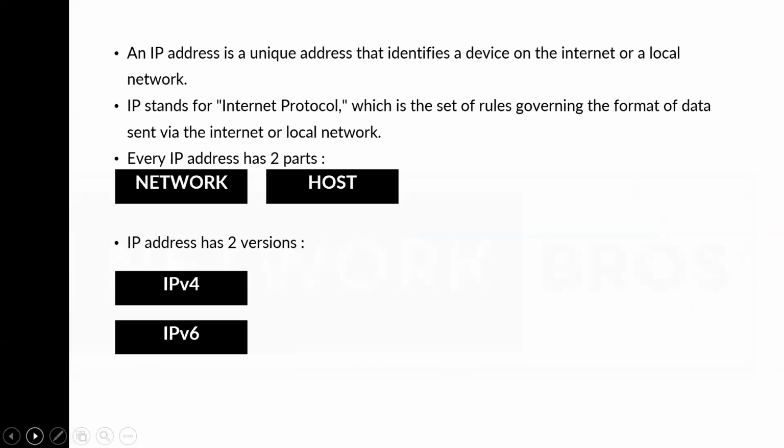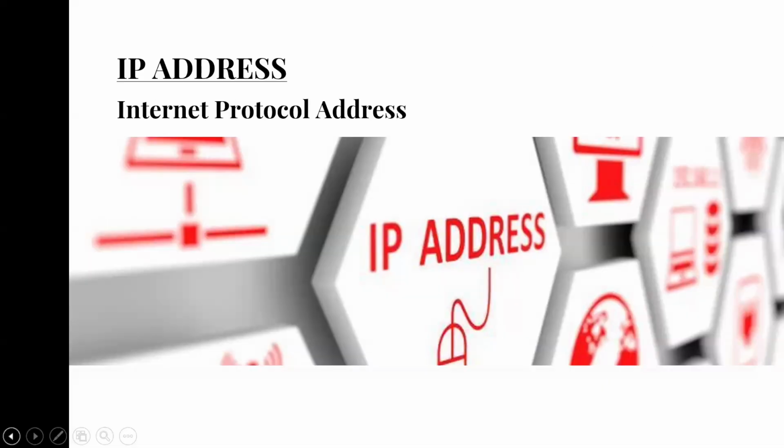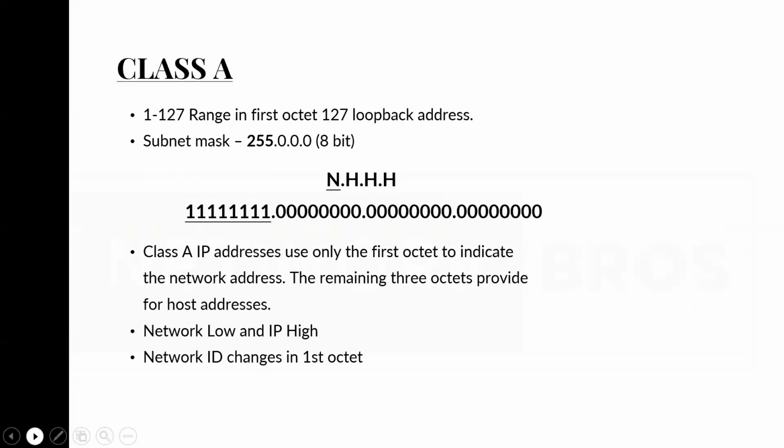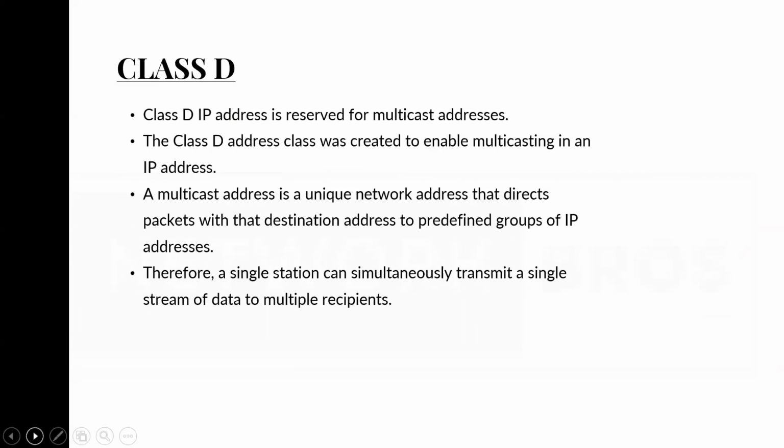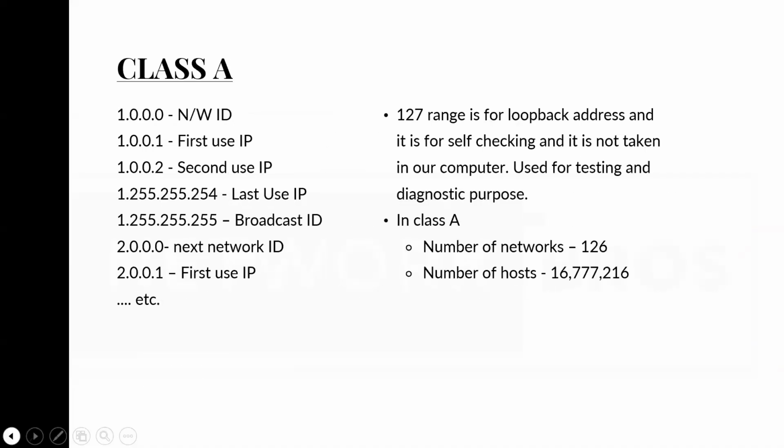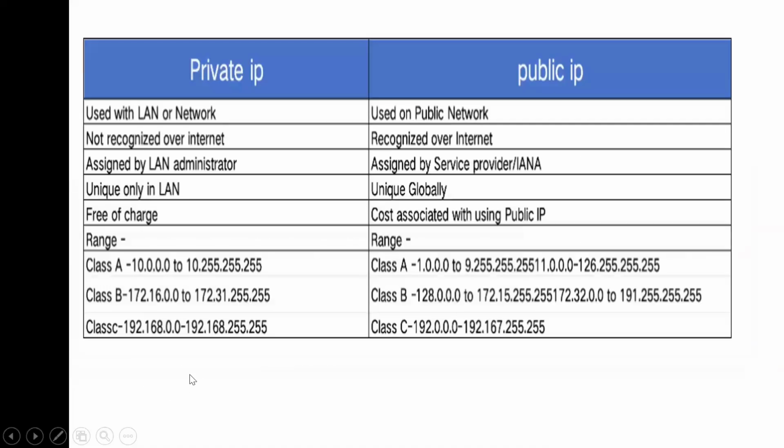Let's identify what exactly an IP address means and how things work in the environment. Let's focus on the private IP part. We have three classes: class A, class B, class C.